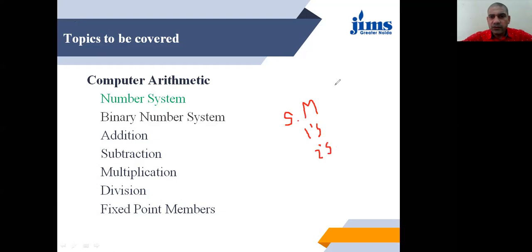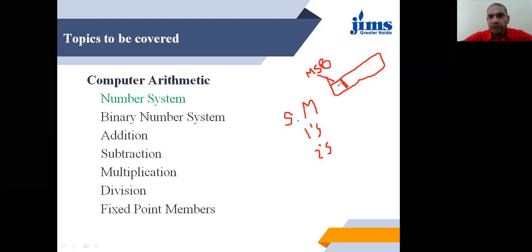We saw that when we deal with sign magnitude form, the first bit of the number, that is the most significant bit, the first bit from the left called MSB, represents whether the number is positive or negative.